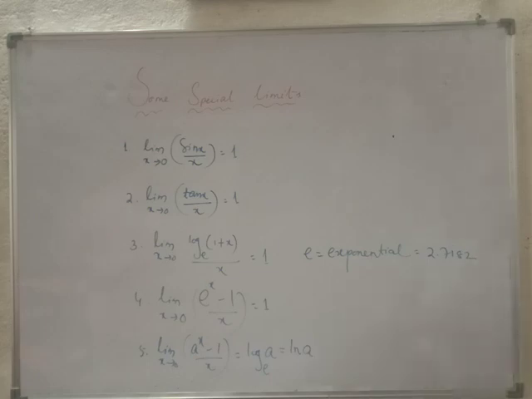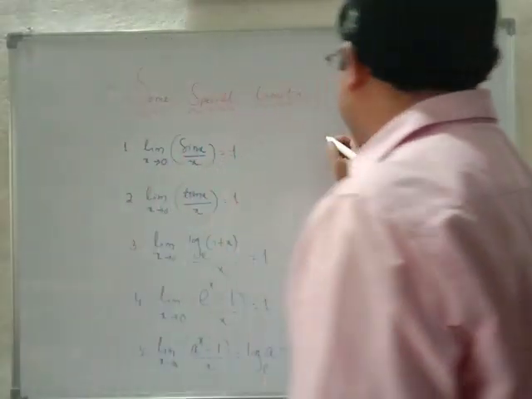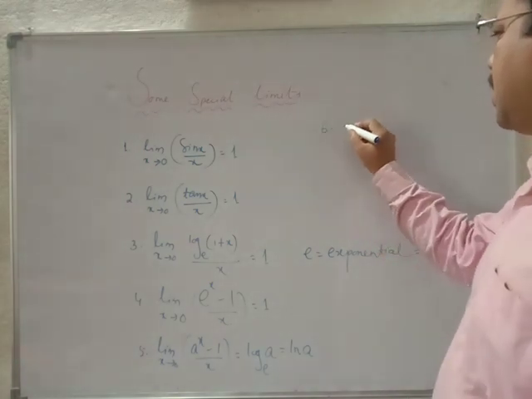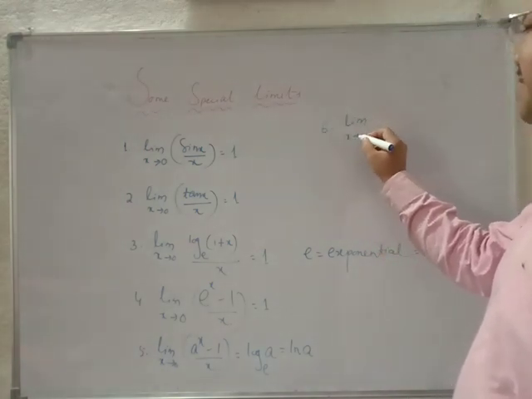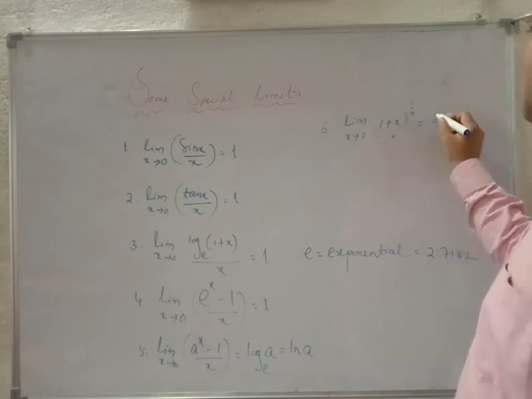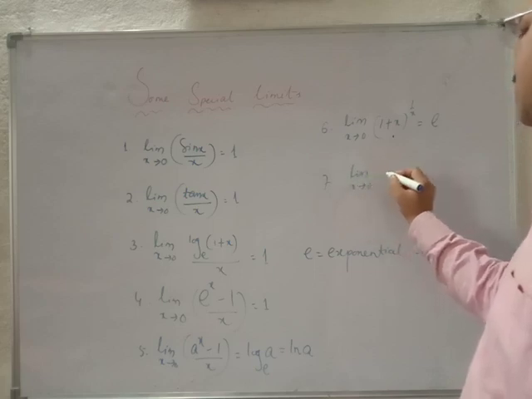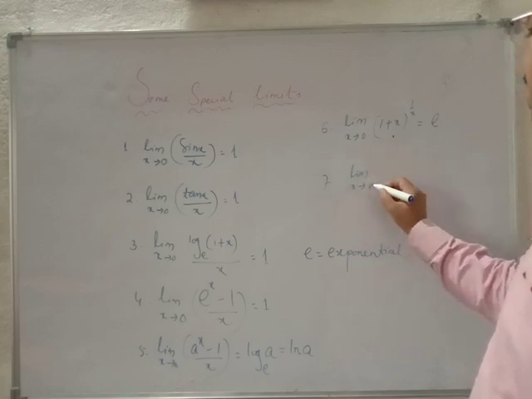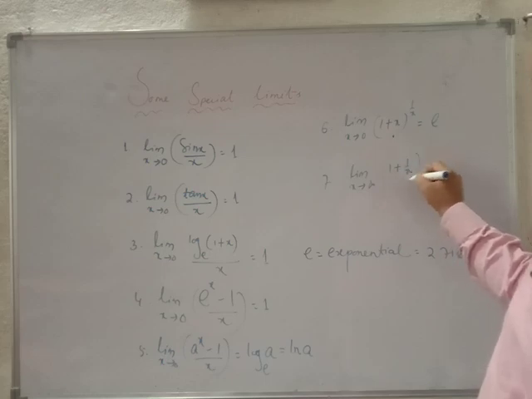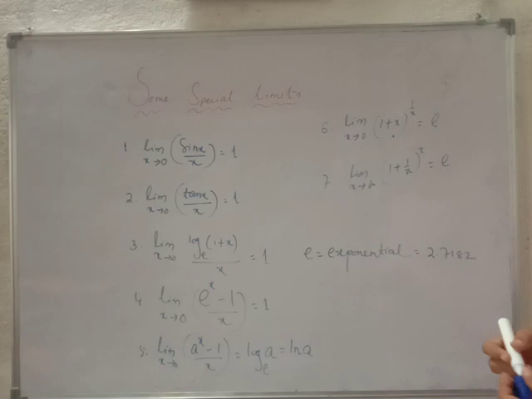Now, number 6: limit x tends to 0, (1 plus x) to the power 1 by x is equal to e. And number 7, limit x tends to infinity, (1 plus 1 by x) whole to the power x equals again e.